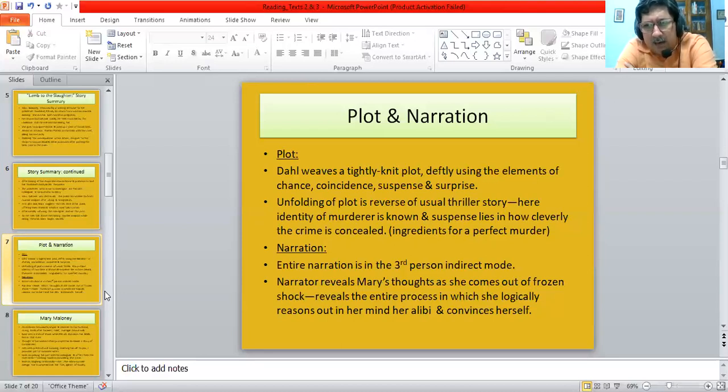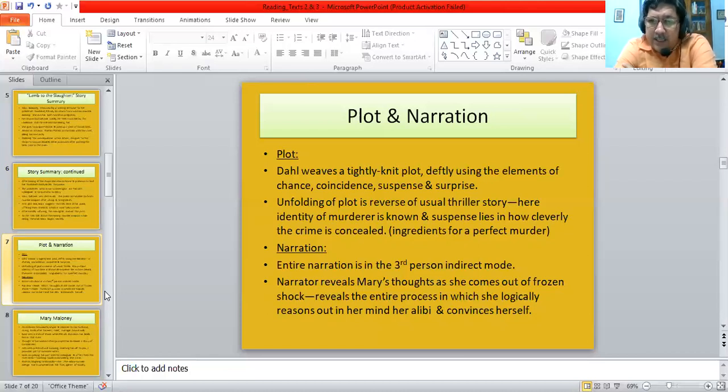So there are various elements. Suspense, we are left in suspense as to whether the detectives will discover anything related to the murder or not, but then we find out that that doesn't happen, right? So these are various elements which are woven into the story.